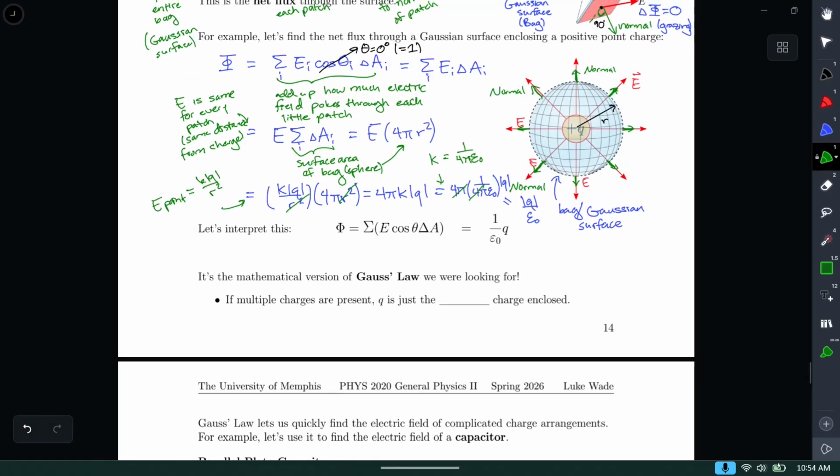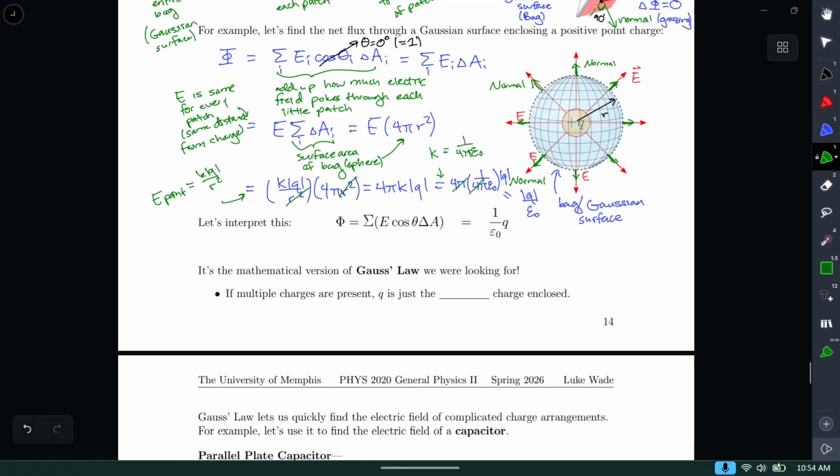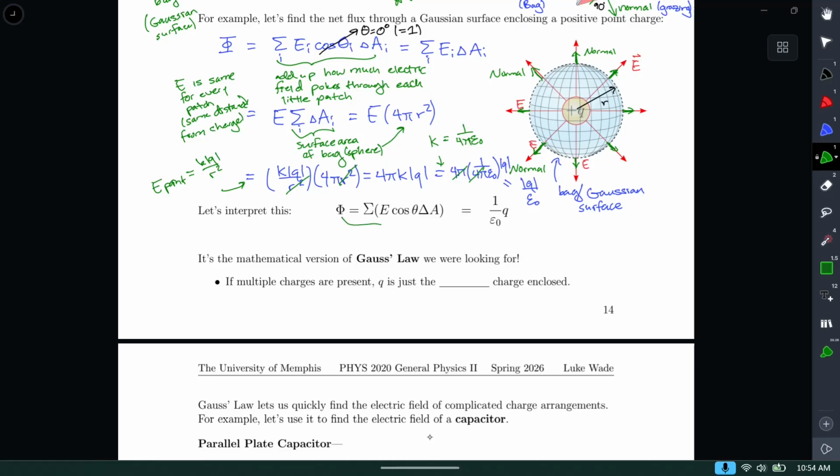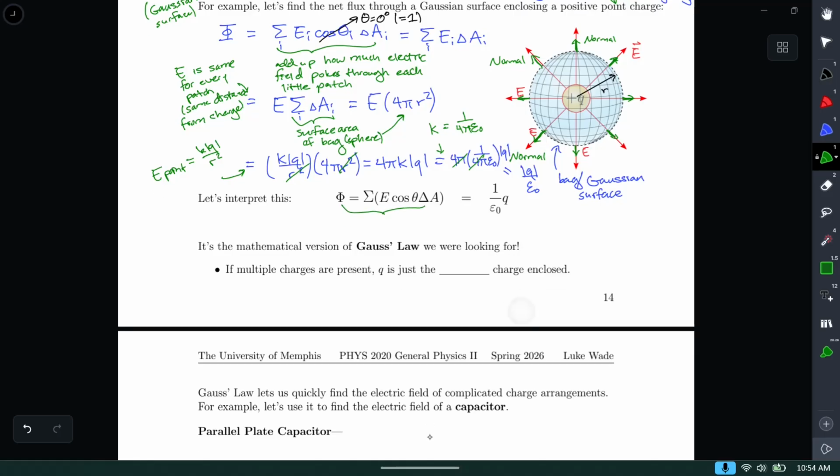So let's look at the far left-hand side of what I did and the far right-hand side. This was to find the number of field lines passing through the bag. On the right-hand side, I have a number.